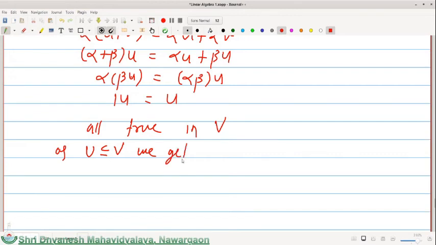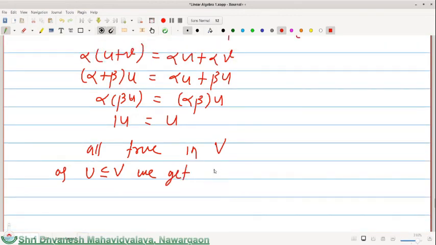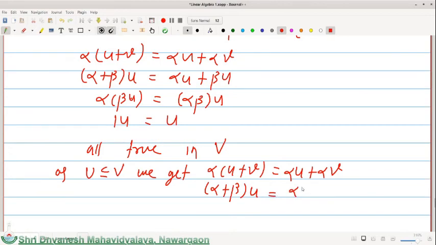We get alpha into u plus v is equals to alpha u plus alpha v. Alpha plus beta into u equals to alpha u plus beta u.